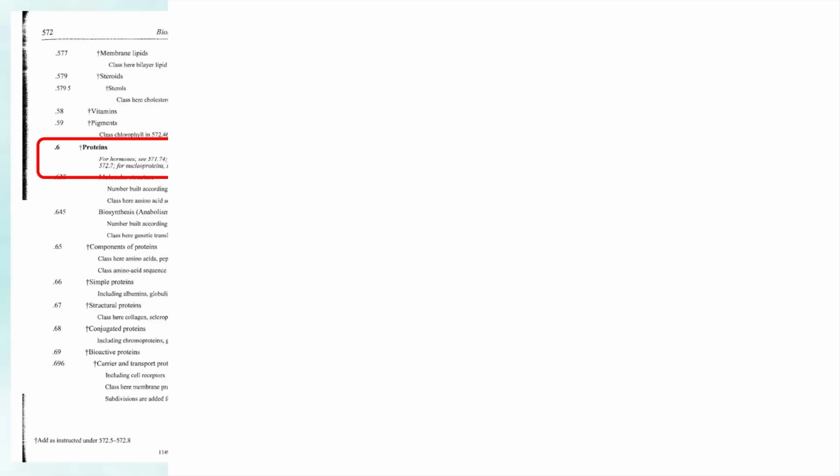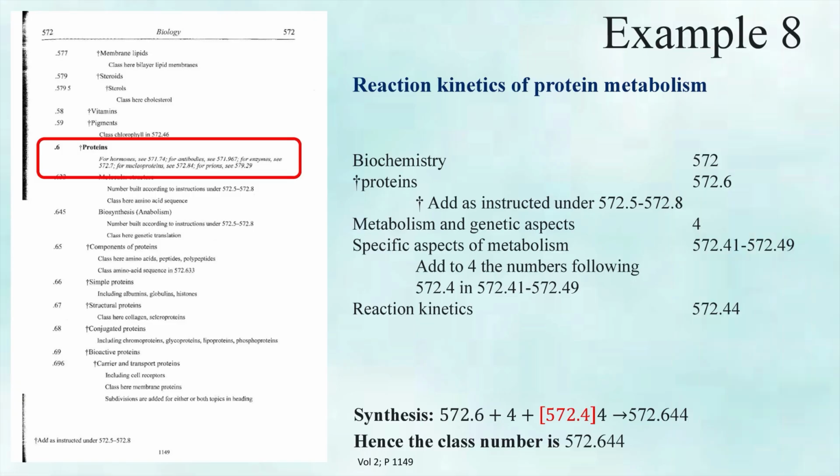Next problem is from biology, that is reaction kinetics of protein metabolism. The title doesn't tell us whether the metabolism is for plants or animals. That's why we restrict it to the general biology section, under 572, that is biochemistry.